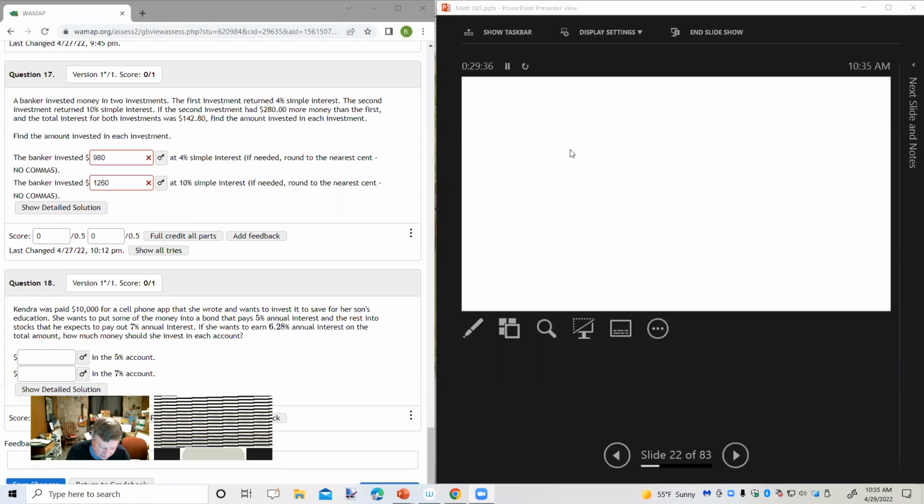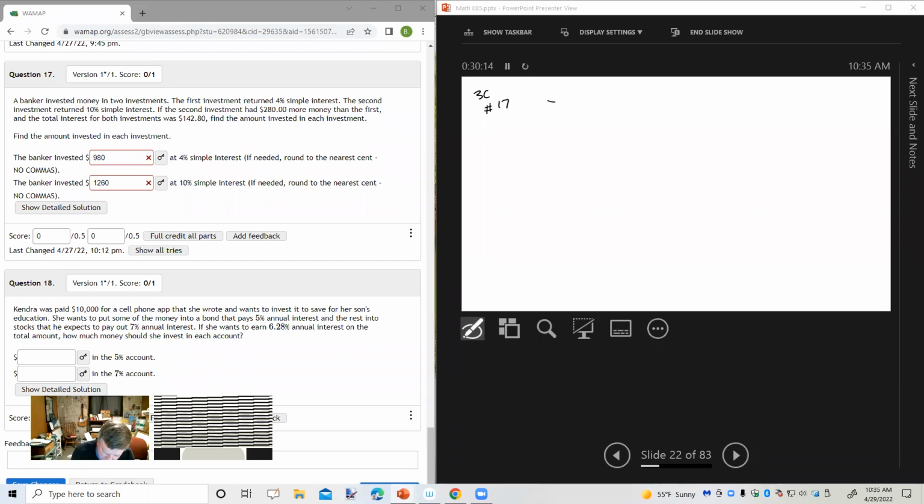So this is from section 3C, number 17. A banker invested money in 2 investments. The first investment returned 4% simple interest. The second investment returned 10% simple interest. If the second investment had $280 more money than the first, and the total interest for both investments was $142.80, find the amount invested in each investment.